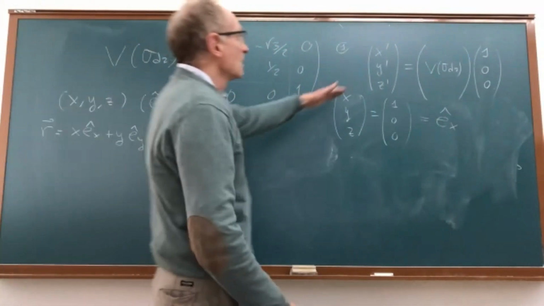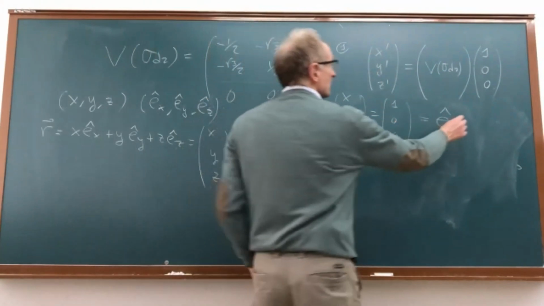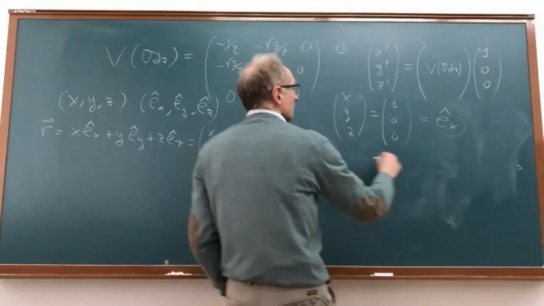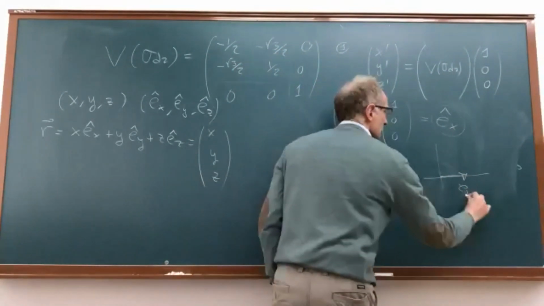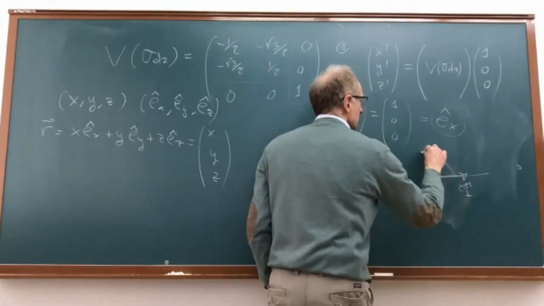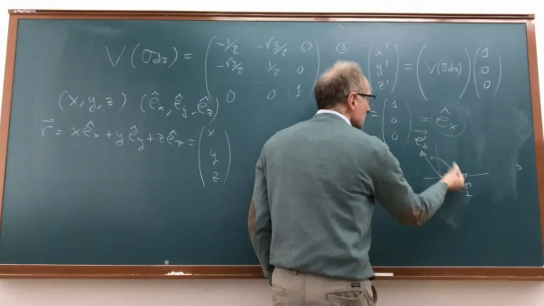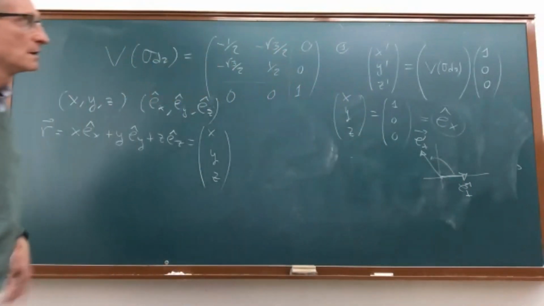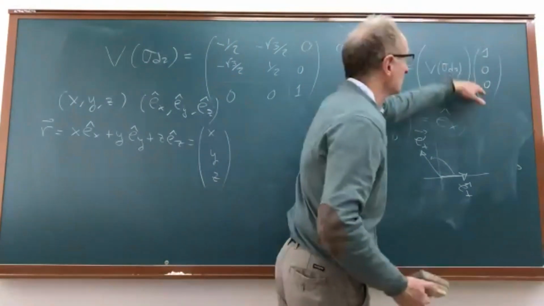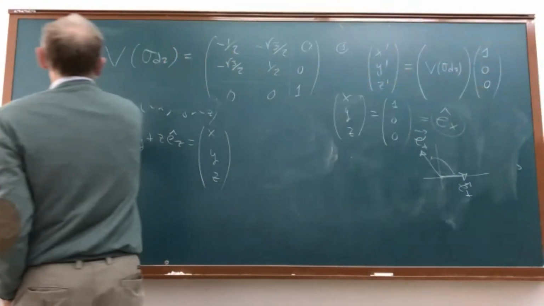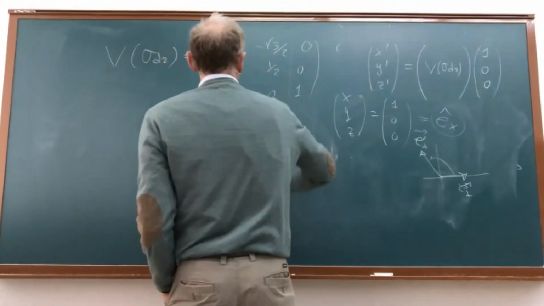So now X prime, Y prime, Z prime are going to be just the coordinates of the rotated vector. I take this EX. If I rotate it, it becomes E prime X. I have rotated this unit vector. Okay. So now let's apply this matrix to this unit vector and see what we get.